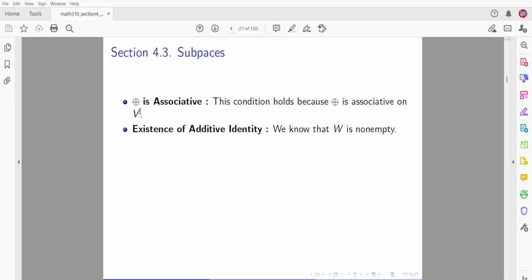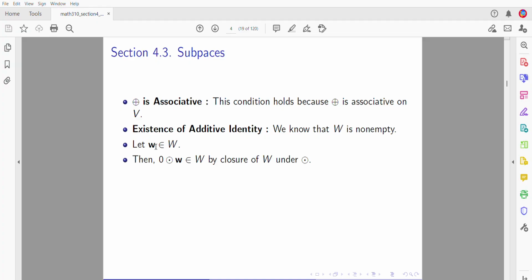What about existence of additive identity? Now this is tricky because you know there is a 0 vector in V, which is the bigger set. How do you know it is in W? Well, we don't. What do we know? We know that W is non-empty. So there is some vector in W, let's call it little w.